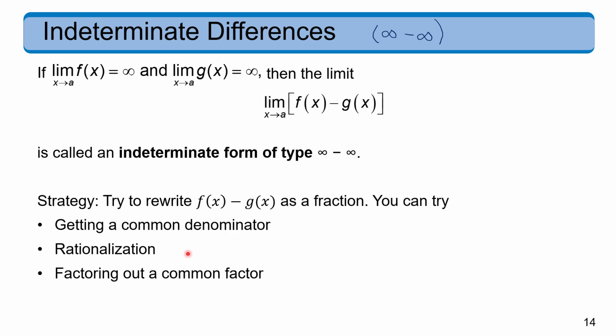Another would be rationalization. If you had a square root expression in one of those, you could use that method of rationalizing the denominator. Third, if there's a common factor between f and g, factor it out and see if that helps you to write it as a fraction.